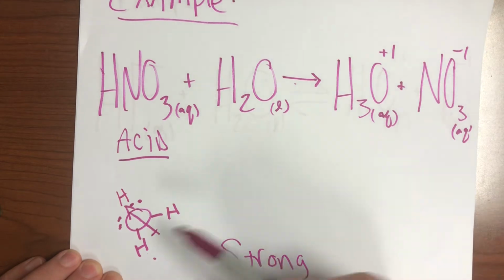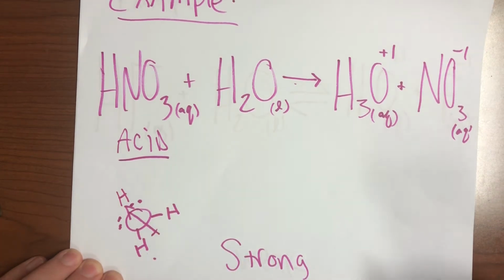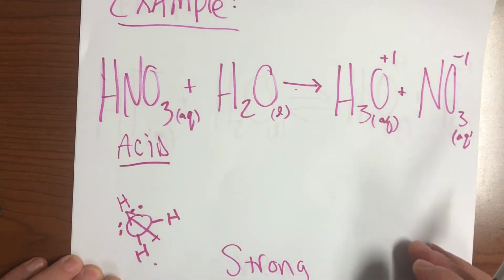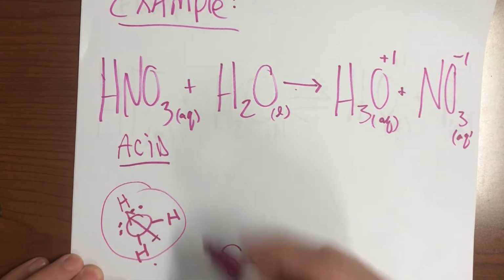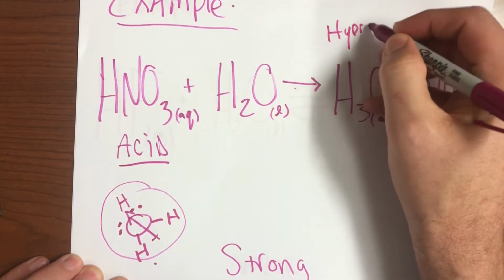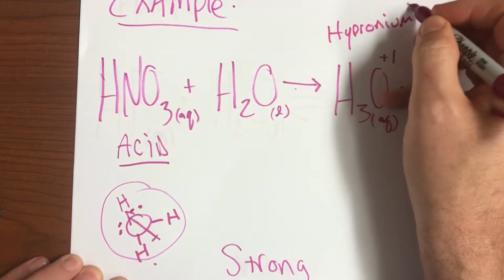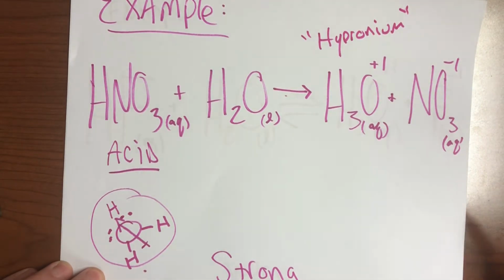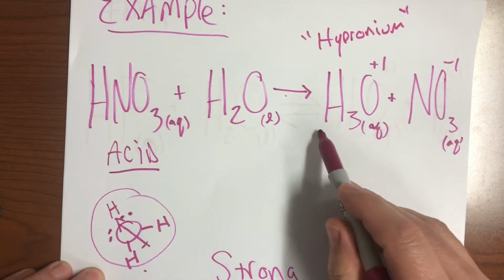And so whenever hydrogen is placed into water and it ionizes, that free proton never just hangs out by itself. It will always stick to a water molecule, making this new ion that we haven't heard of before called hydronium. Hydronium is just a protonated water, meaning it has one extra hydrogen on it. So get used to that.